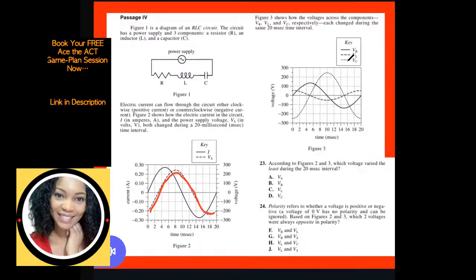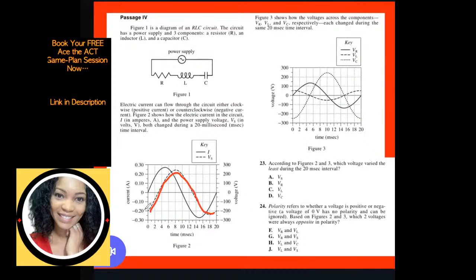Let's look at V sub R, which is the solid one. It's going from 0 to like 150, looks like, down to negative 150 and back to 0. So already that one is less varied than V sub S, because the amplitude, the distance it's traveling from its lowest point to its highest point, is not as far.